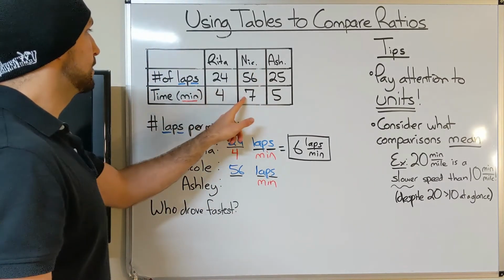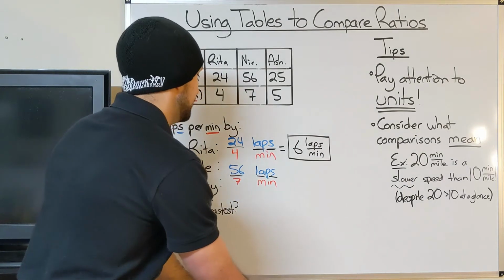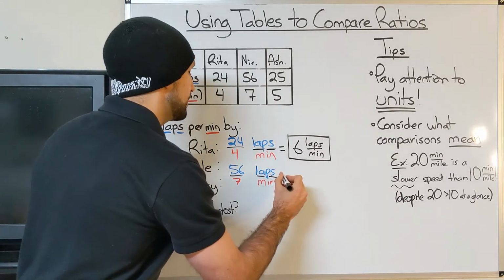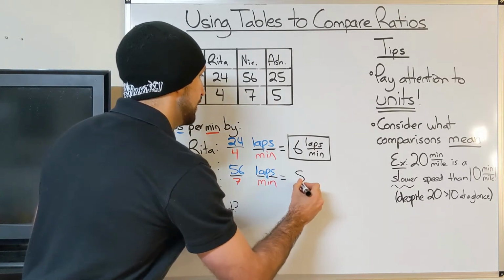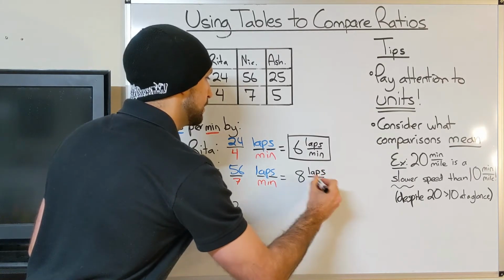Nicole's minutes was 7. 56 divided by 7, both of those have a common factor of 7. 56 divided by 7 is 8 laps per minute.